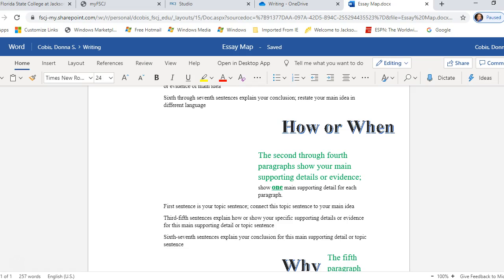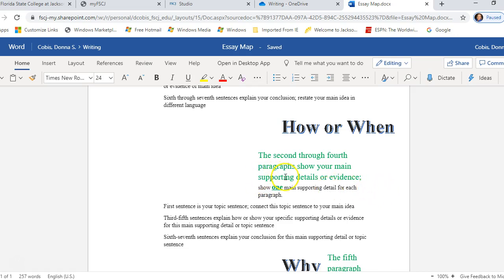So the second, third, and fourth paragraphs, assuming you have a standard five-paragraph essay, will develop those supporting details. So this is where we might ask how or when something happens, or something along those lines.